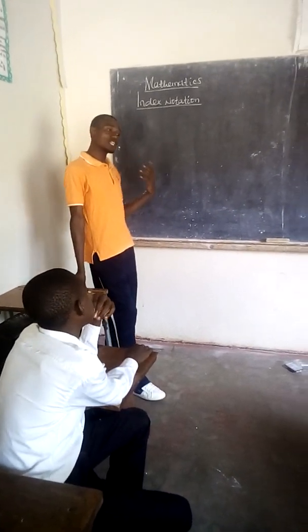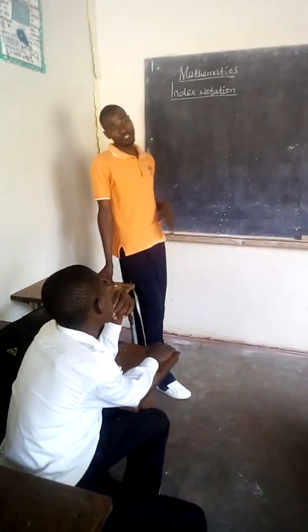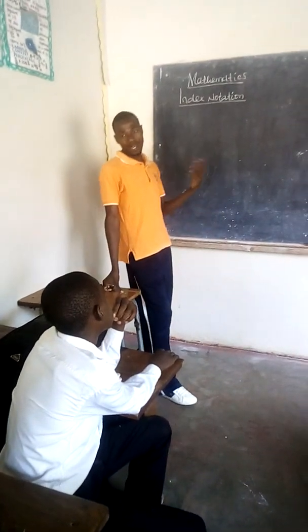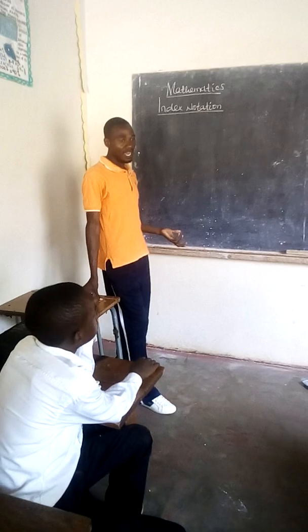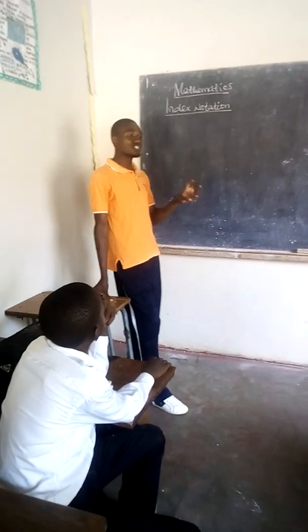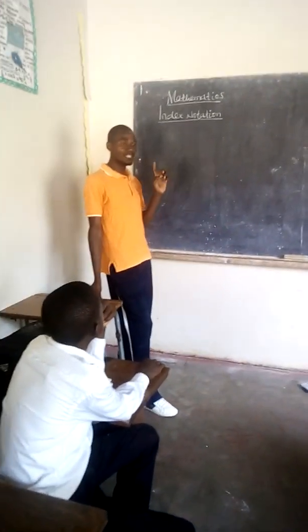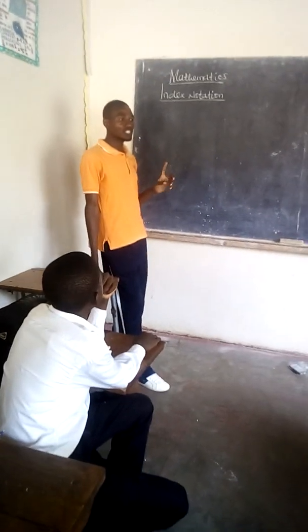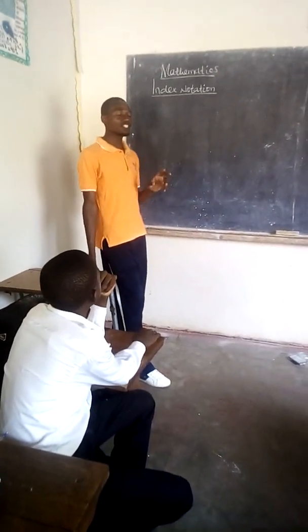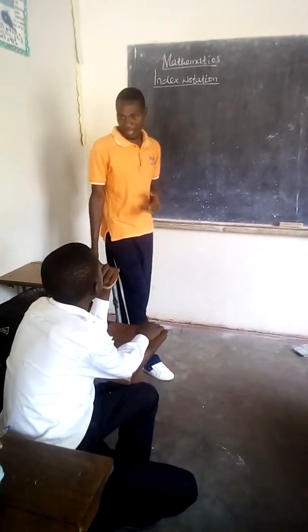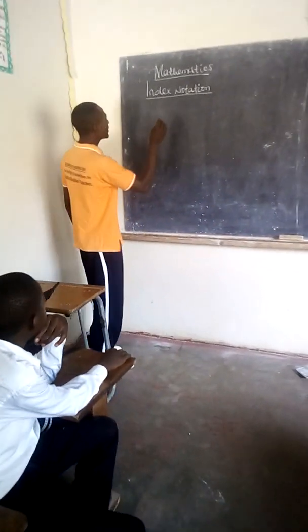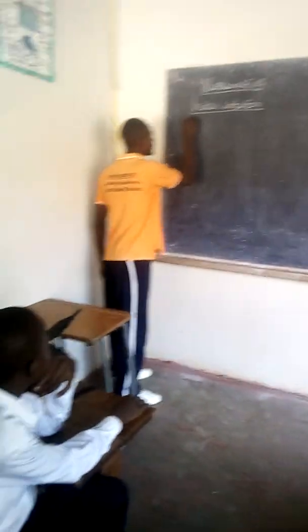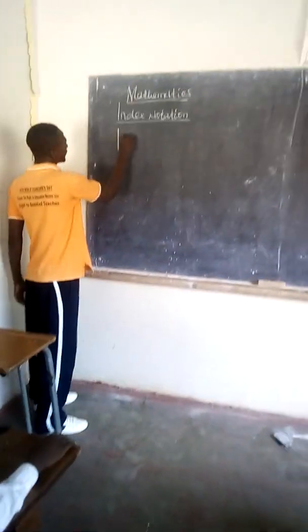It might be 3, 2, 4, 1, or 0. If that number is on top of the other number, it is called index, exponent, or power.